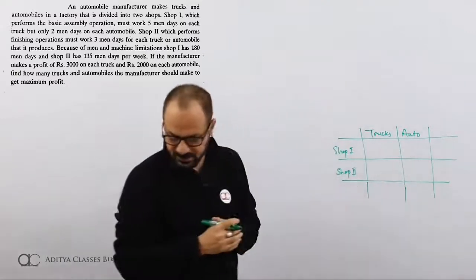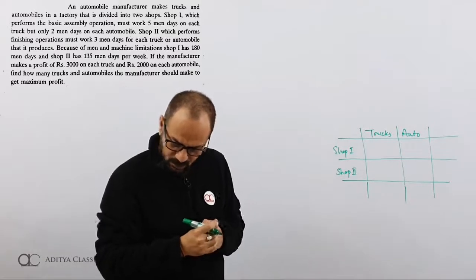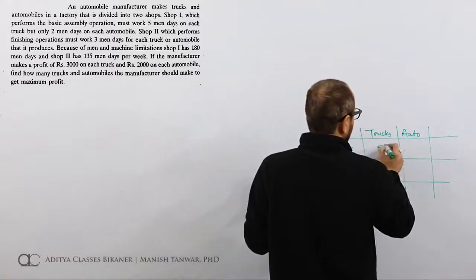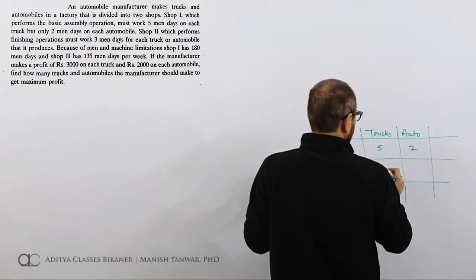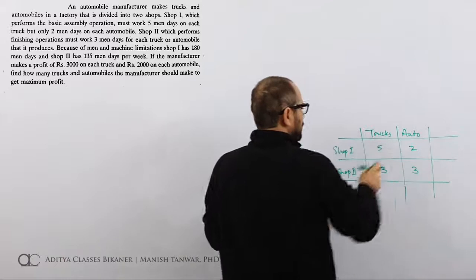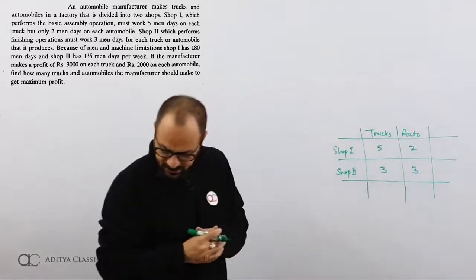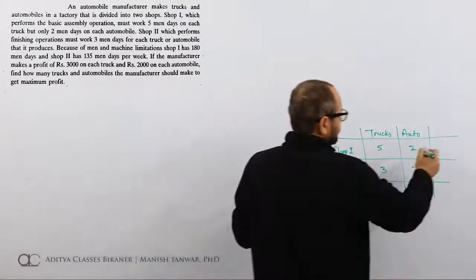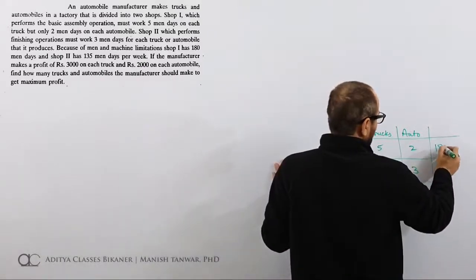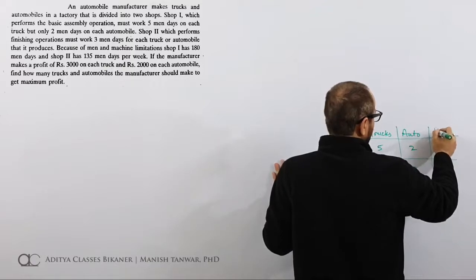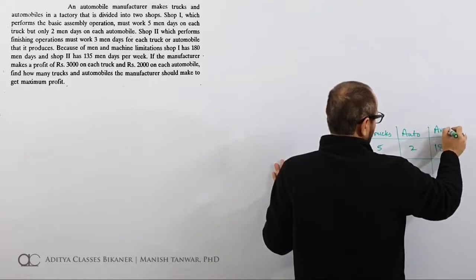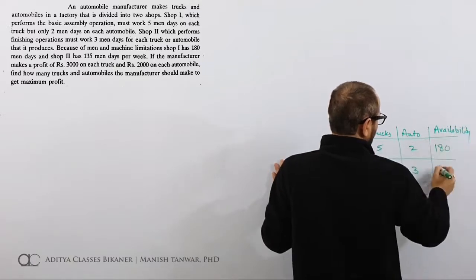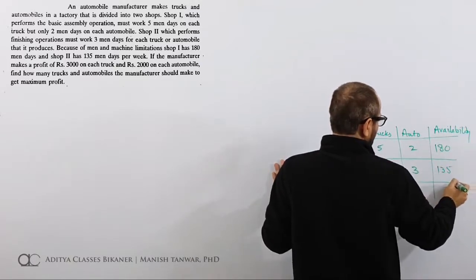Then on shop 1, the time required is 5 and 2 man days. 5 man days and 2 man days. And on shop 2, it is required as 3 for either truck or auto. Availability is, I believe, 180 and 135. Availability is 180 man days and 135 man days.